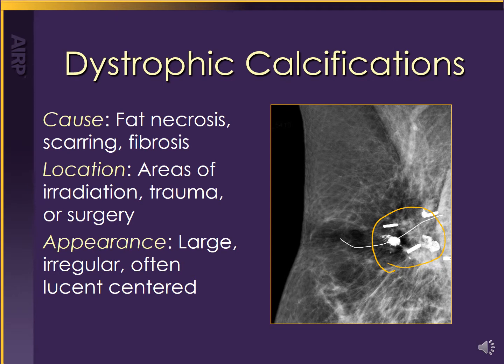Sometimes you'll see them with just benign surgical biopsies or really bad trauma, like burns to the chest. I've seen those, but almost all of them are going to be in or near a lumpectomy bed. Notice that they will often have these irregular shapes, but still have lucency in the middle. That's because a lot of this is just healing fat necrosis in that surgical scar.